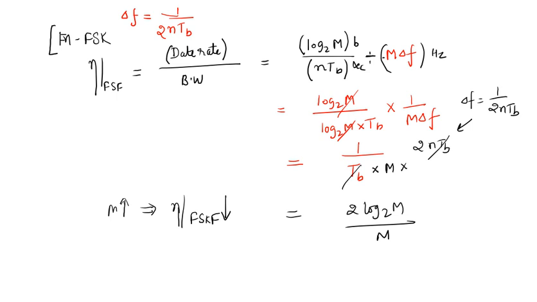The bandwidth occupied by the M-ary FSK signal is M delta F, where delta F is 1 upon 2 N Tb, or 1 upon 2 log2 M Tb. This we have seen. Therefore, if you just solve it, this division sign becomes cross, and you write it as 1 upon delta F and put delta F as 1 upon 2 N Tb and solve it.